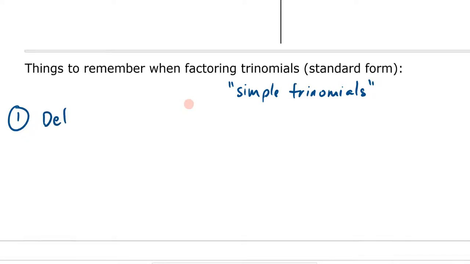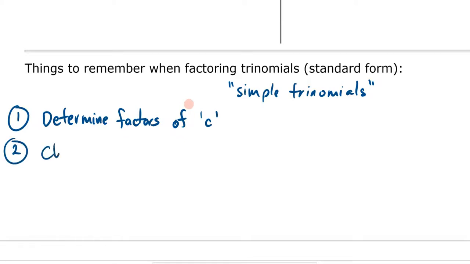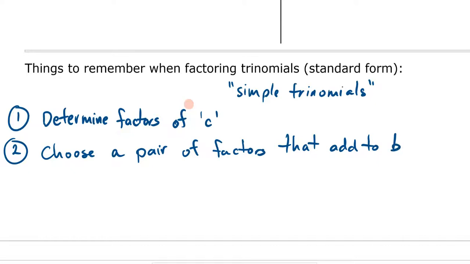First, determine factors of C. Step 2, choose a pair of factors that add up to B. And then step 3, put them in brackets like this.